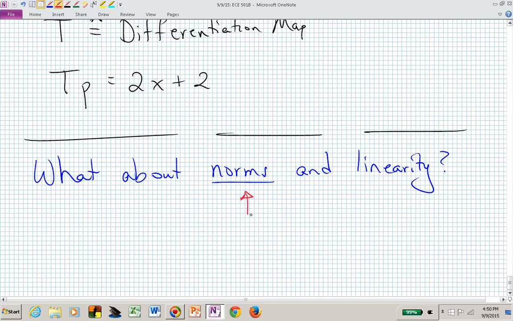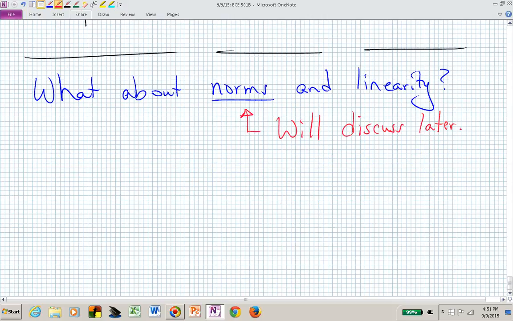Norms in and of themselves, we will discuss later. I'm just going to define those as something, and we'll view those as maps and see if any of these, or one of them, is linear. The norms we are going to discuss later, but I think it's kind of nice to be thinking about this concept anyway.